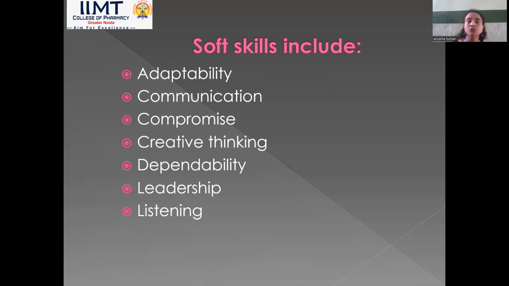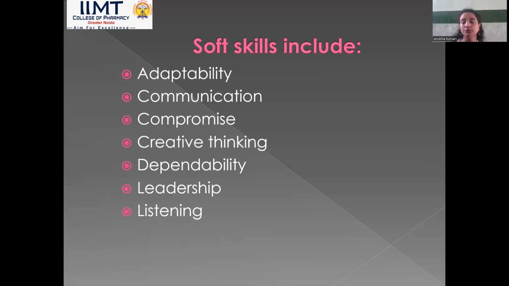Compromise, as in how a person is compromising with a certain situation if that is beneficial for the company as a whole. So, the level of compromise a person can take into consideration when it's demanded by a corporate employer. The creative thinking ability is another good aspect of soft skill, how an individual thinks in a creative manner, how the person can develop positive vibes from a particular situation and think beyond the box and give a positive result.